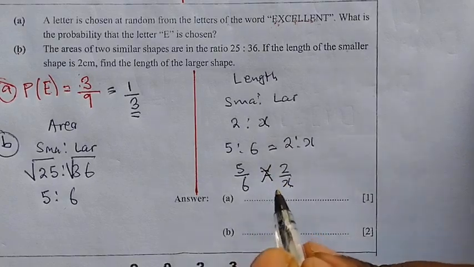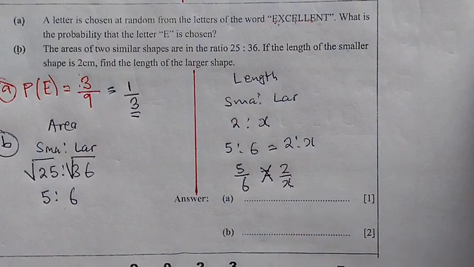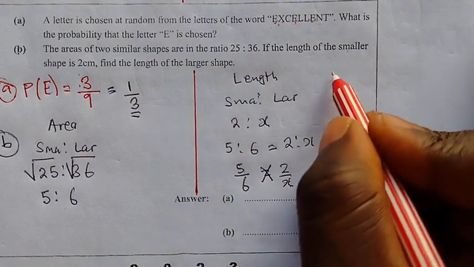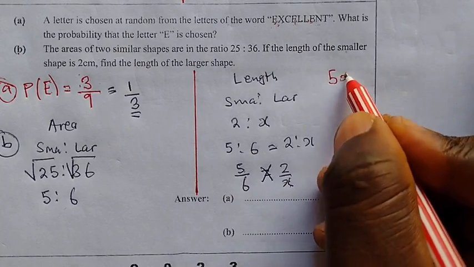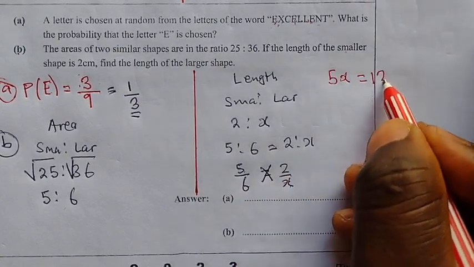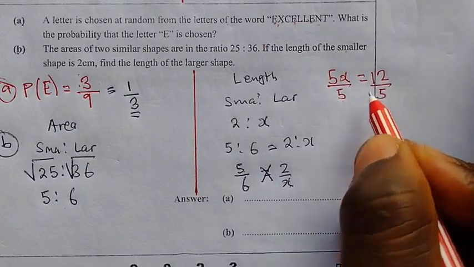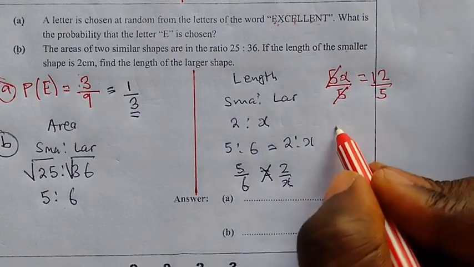So we need to cross multiply, where we say 5 times x, so we get 5x equal to 6 times 2, we are going to get 12. So we need to divide by 5. Even here we divide by 5 so that this and this will cancel.